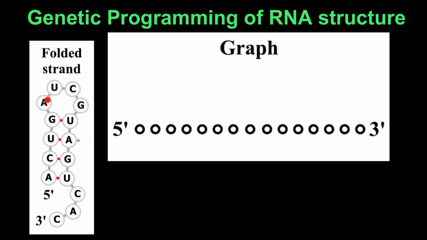Every single RNA molecule starts with 5' end and ends with 3' end. So our first step is going to be to transform this two-dimensional structure of RNA into linear form. So we have at the 5' end adenine here. So let's also add it here, adenine.